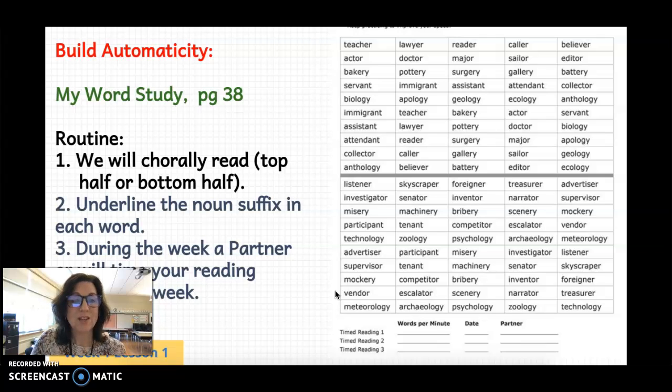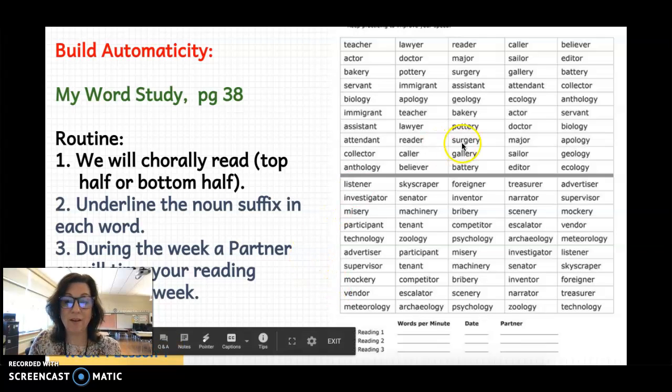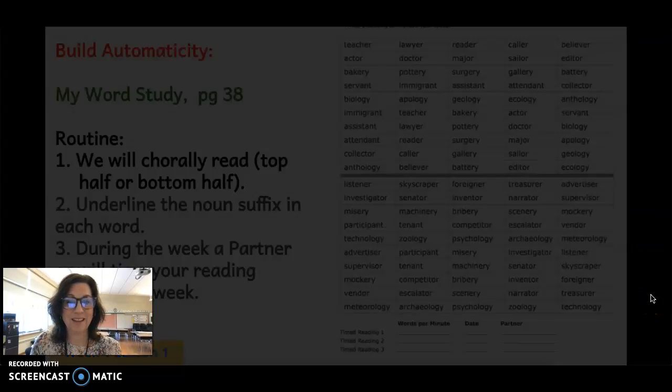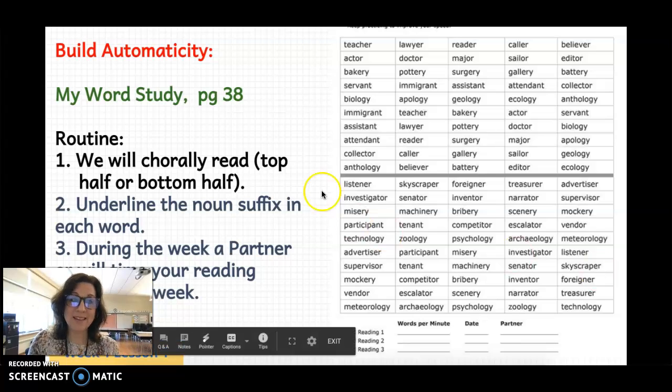There we go. So we will plan on meeting with partners and you'll be able to time each other. All right, that's it for today.